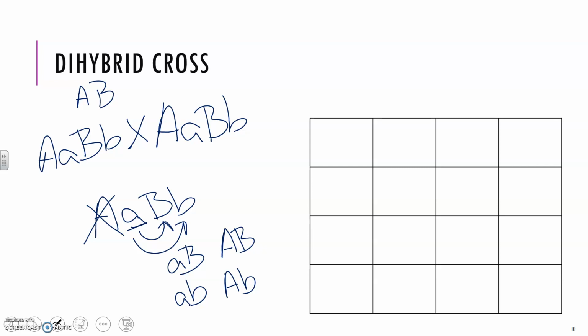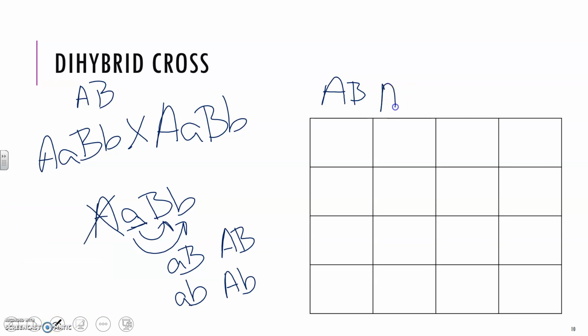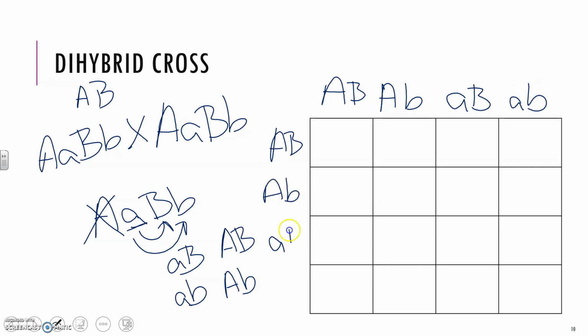Because both of our parents are the same, these are our 4 gametes for both parents. So you just write them in for both of your parents all the way.